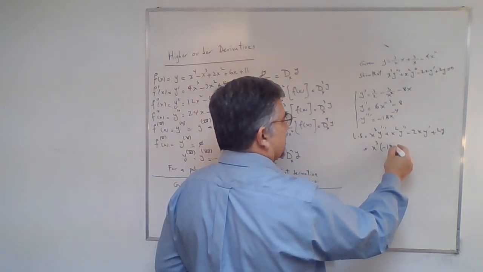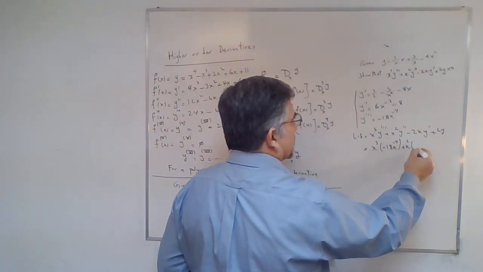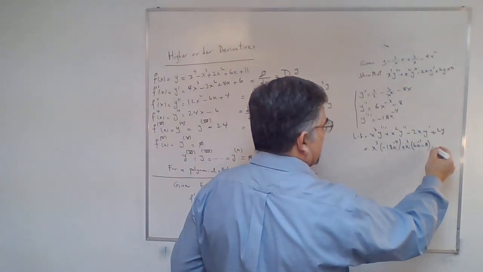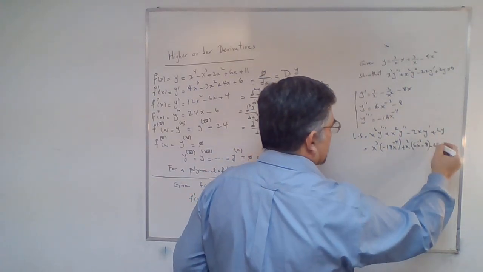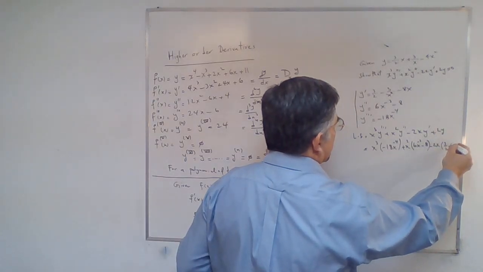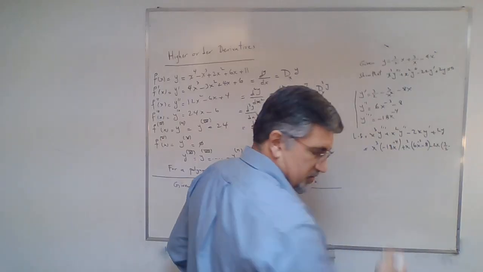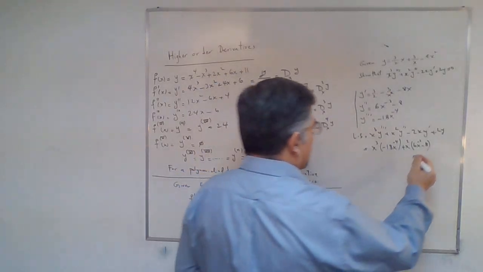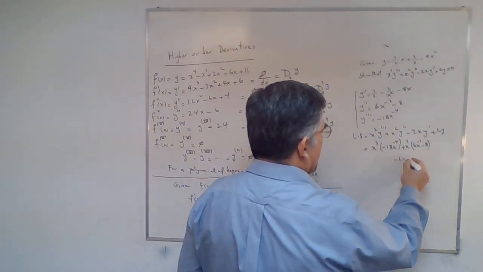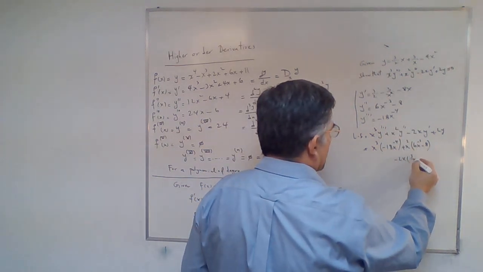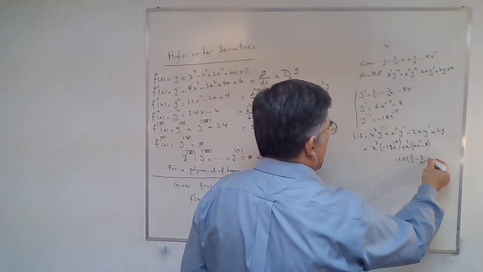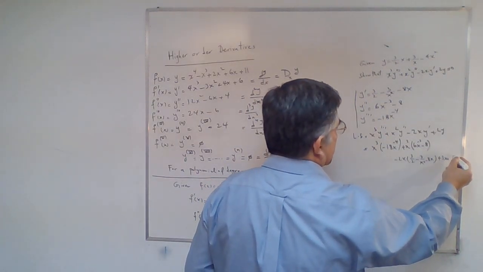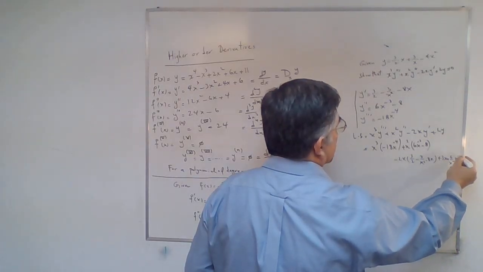That gives negative 18x to the negative 4 plus x squared times 6x to the negative 3 minus 8, and then minus 2x times y prime, which was that expression, 3 over 2 minus 3 over x squared, and then plus 2y, twice y would be 3x plus 6 over x minus 8x squared.